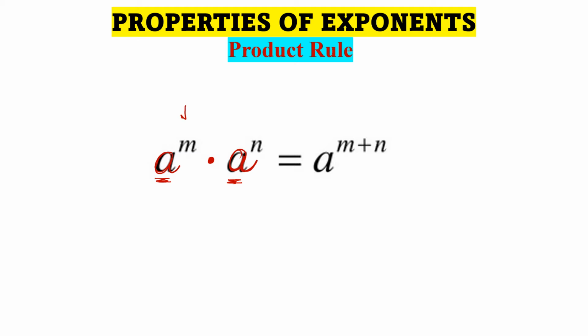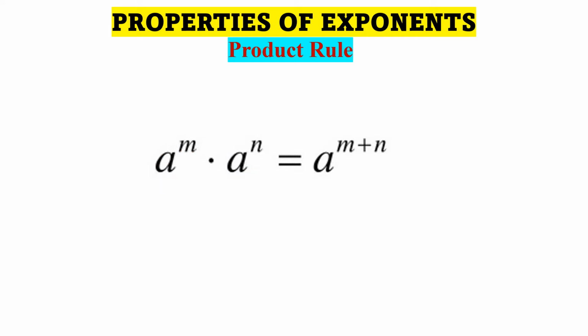Their powers or exponents could be different or the same. So how can we write? We will write the base only one time, and since it is multiplying, the powers you add them, that is m plus n. Try to understand this part by using a few examples.